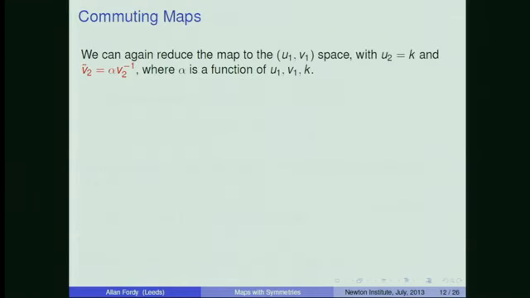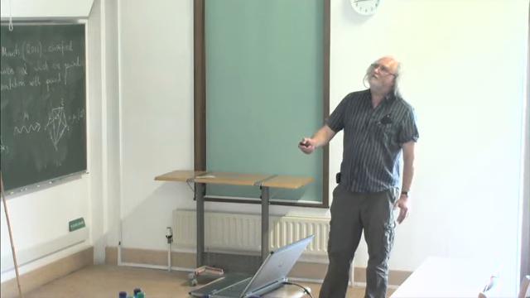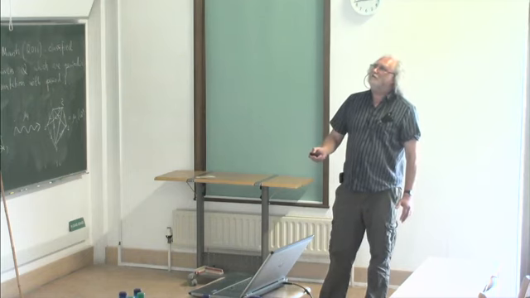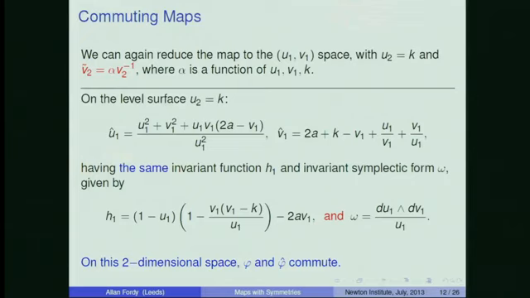So in fact, that map also has the same structure of being two-dimensional plus one-dimensional plus this simple evolution of V2. But on this level surface, U2 equals K, then you have another map. U1 hat is this, V1 hat is this, different from the tilde map, the U1 and the V1 tilde.